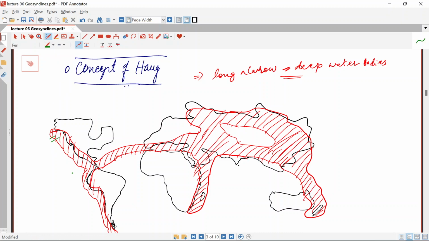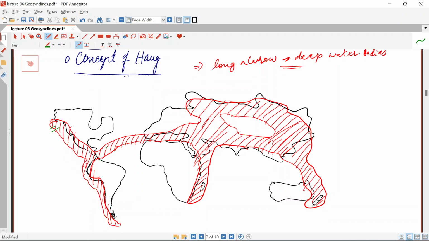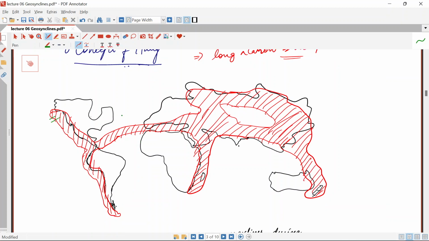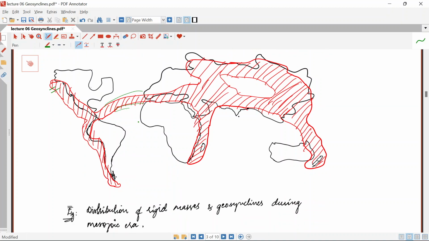This is the area where there are fold mountains, or where the geosynclines are found. Actually, this shows the distribution of rigid masses and geosynclines. If we consider these the rigid masses, this is the geosyncline. So this is what he said.